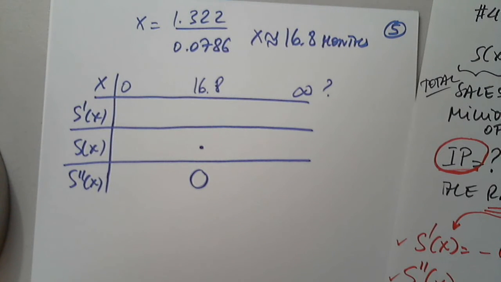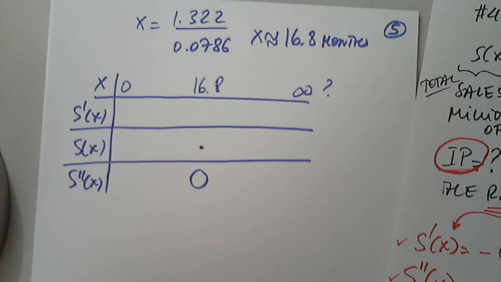Thank goodness we finished with this function. It was really ugly. Okay, so negative 0.0131 x cubed. No, I didn't mean that. Where did it go?